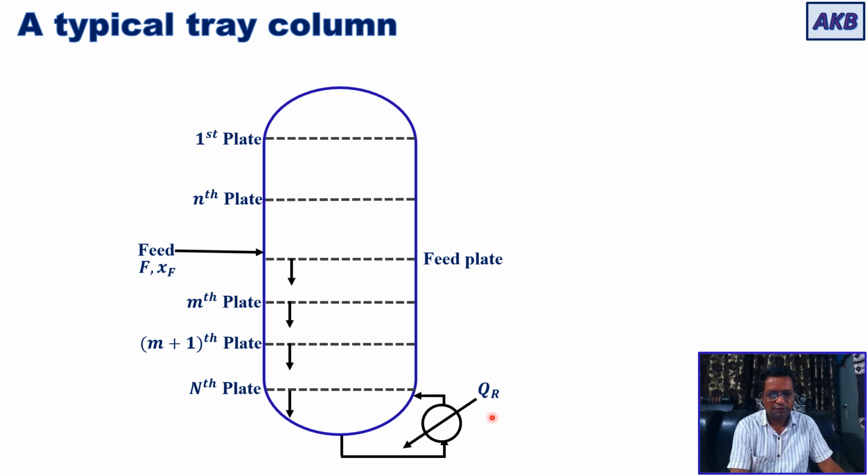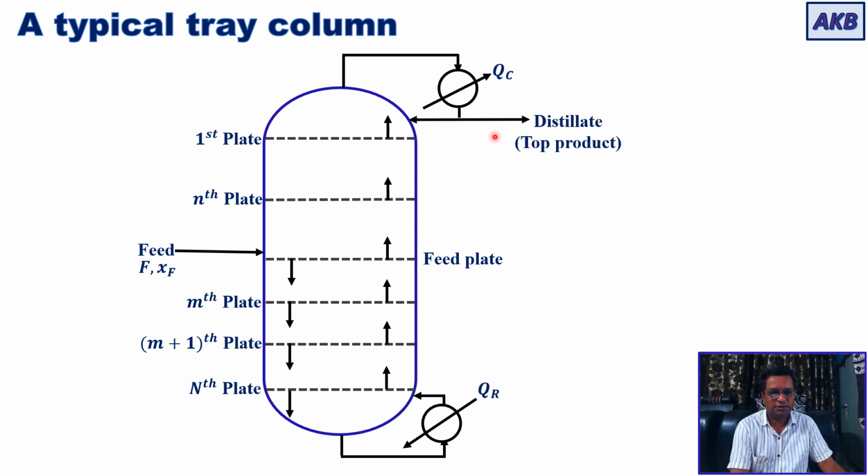The resulting vapor phase is admitted at the bottom of the column, and then that vapor phase rises through the column and is taken out from the top. Then it is sent to the condenser where heat is removed and you get the condensate, and then the condensate is divided into two parts. One goes back to the column, whereas the other is taken out as the product.